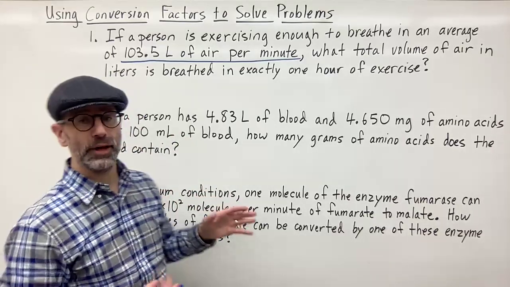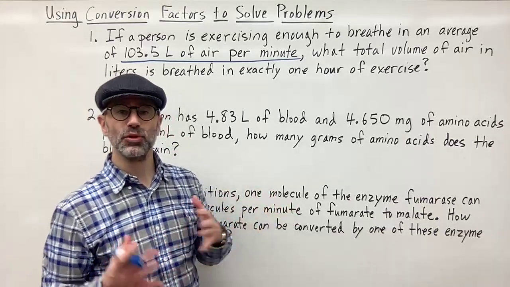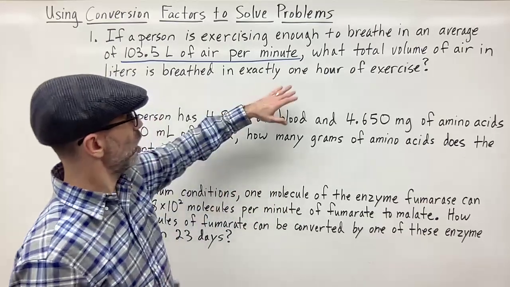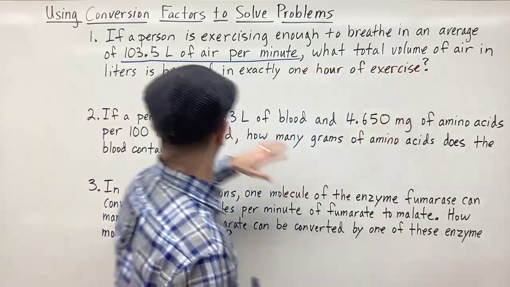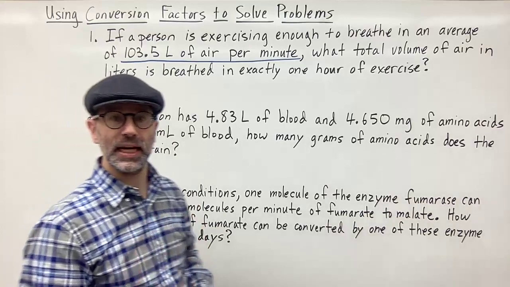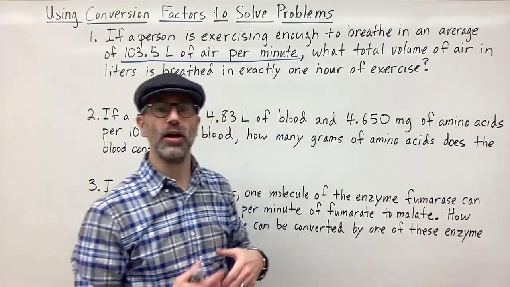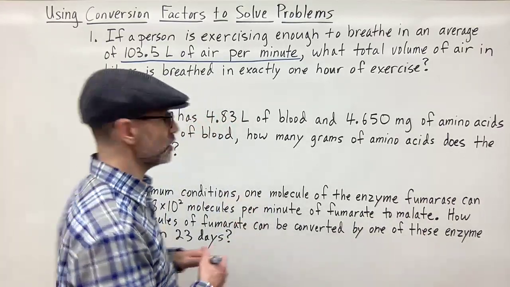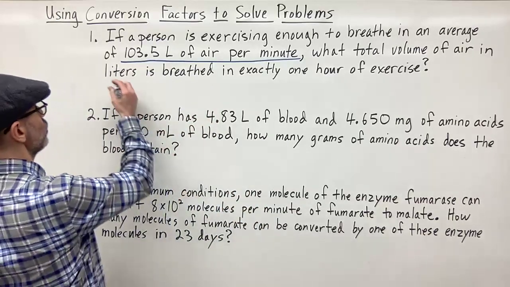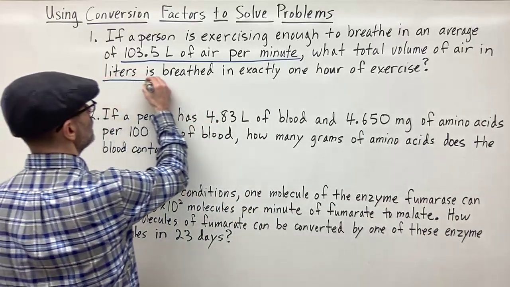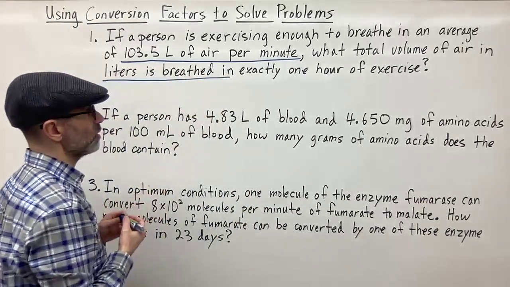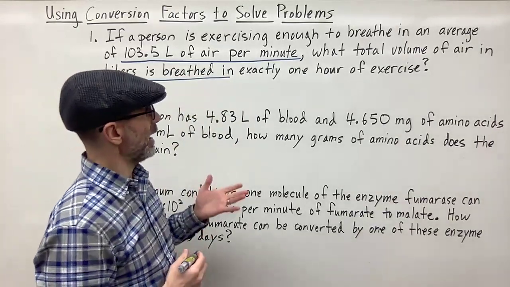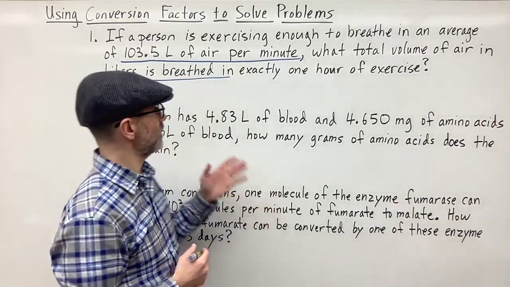Now we have to figure out where to begin and where to end, and that's in the question. The question is, what total volume of air in liters? The beginning of the question is the end of the problem. We want to find liters of air breathed in. And if we keep reading, it tells us where to begin.